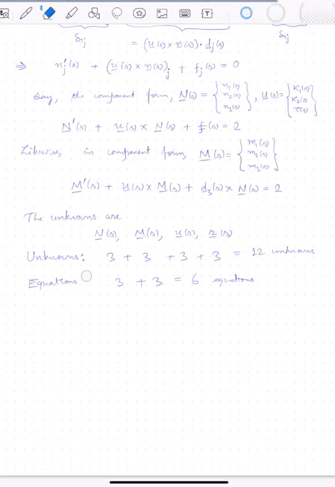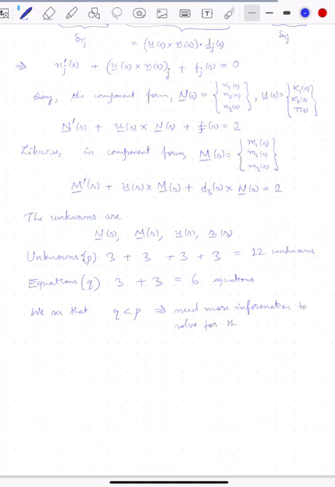We'll call the number of equations Q and the number of unknowns P. So we see that Q is less than P, which means it is incomplete, it's not a well-posed problem.